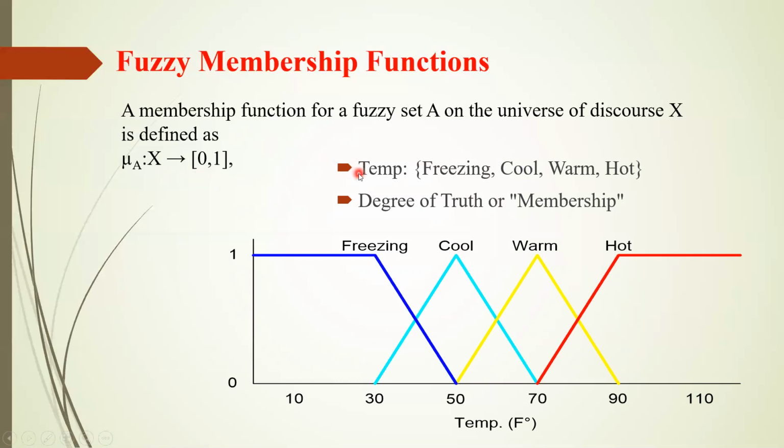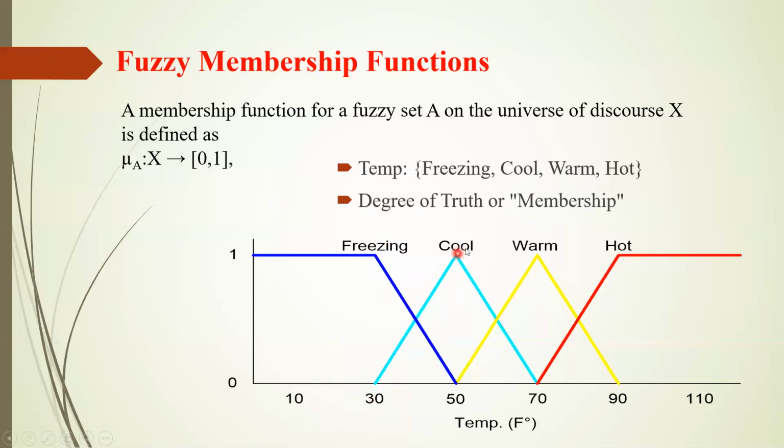For example, if we say temperature is a linguistic variable, then it can be represented graphically where freezing, cool, warm, and hot are its fuzzy values representing some crisp values. These are linguistic values and these are its crisp values. So freezing can be from 10 to 50 Fahrenheit.